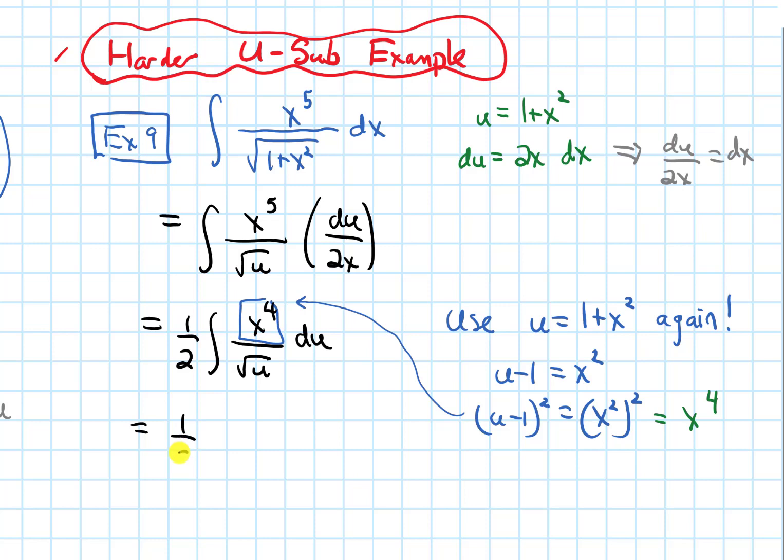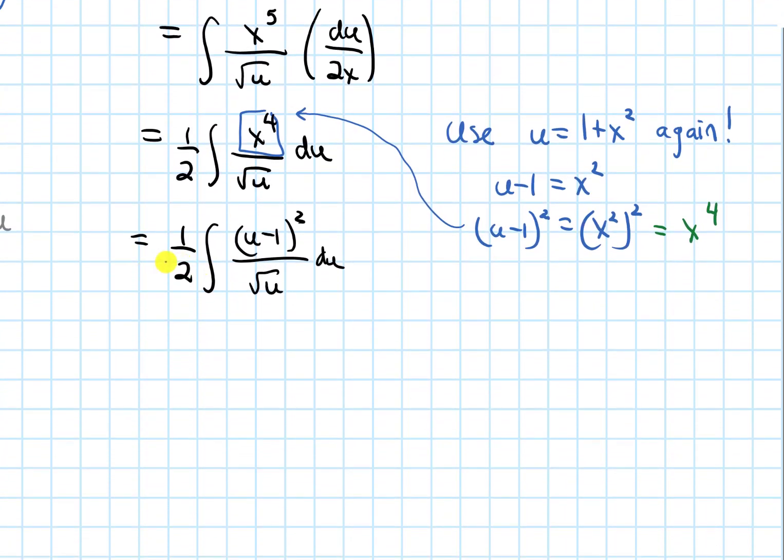I'll get 1/2 times the integral of (u minus 1) squared over the square root of u du. Now I have my integral completely in terms of u. To handle this, let's expand (u minus 1) squared. That gives us u squared minus 2u plus 1 over the square root of u du.